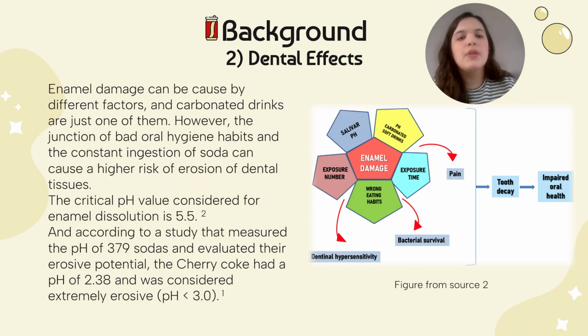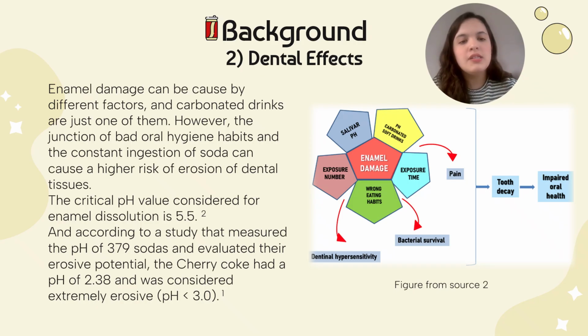You can see here, however, that the combination of bad oral hygiene habits and the constant ingestion of soda can cause a higher risk of erosion of dental tissues. Also, the critical pH value considered for enamel dissolution is 5.5.